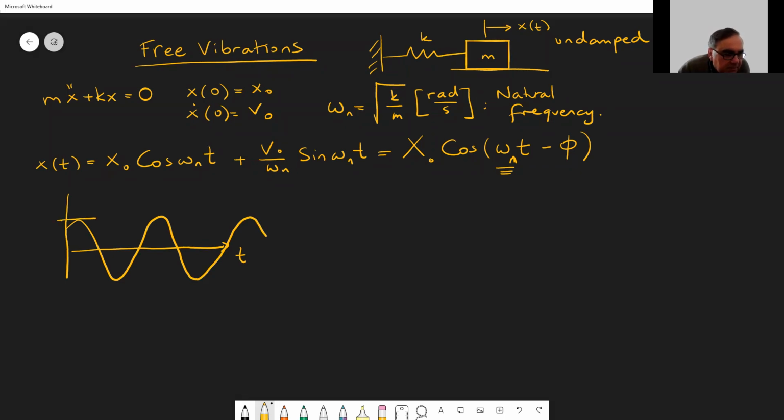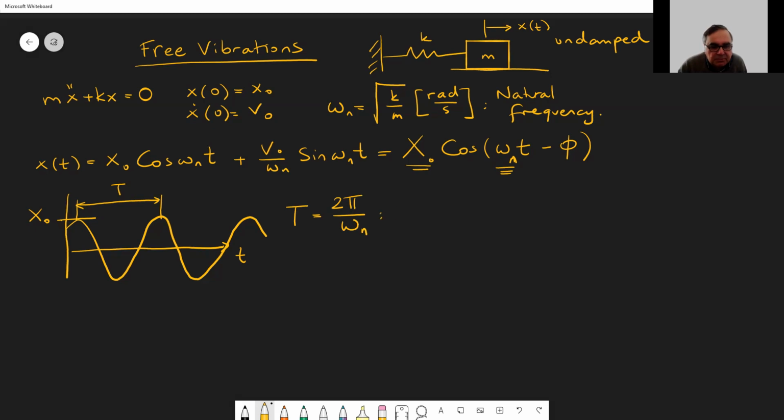The maximum amplitude is X0, this one. And the period of oscillations from peak to peak or bottom to bottom, whatever, T, the period, is 2 pi over omega n, the natural frequency.